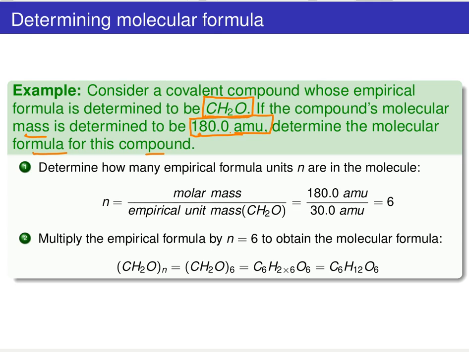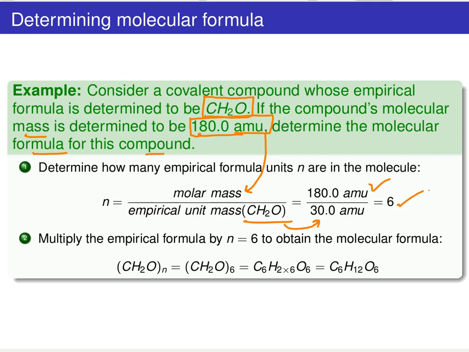If we know the mass, we can plug that mass directly into our equation for n, and we get 180 AMU up top, and we're going to divide that by the empirical unit mass. So CH2O, add them up on the periodic table, and you'll find that that comes to approximately 30.0 AMU. Take 180, divide it by 30, and we get n equals 6.